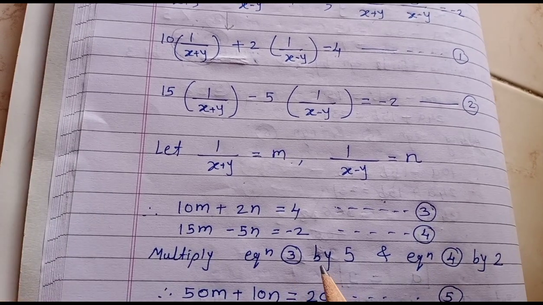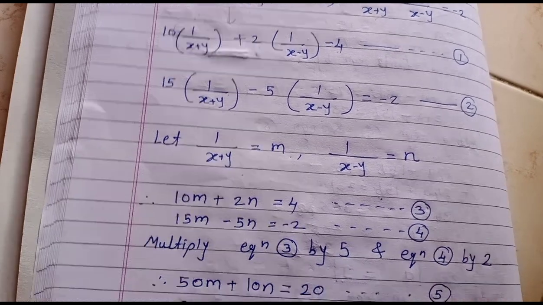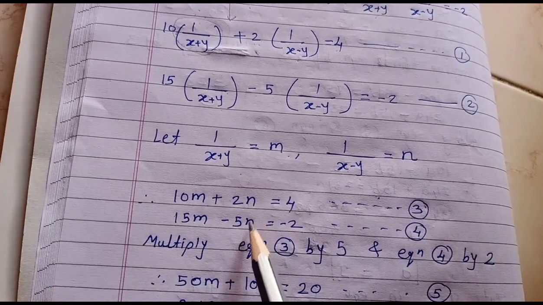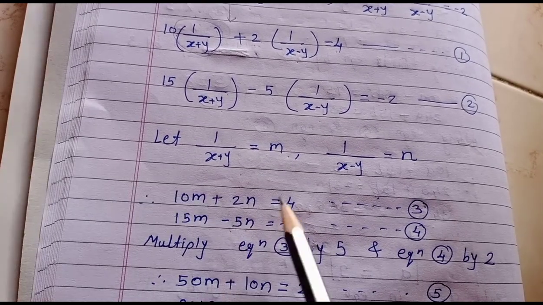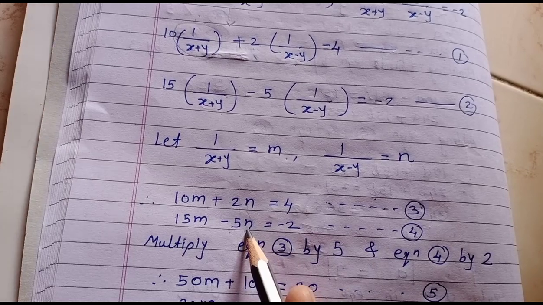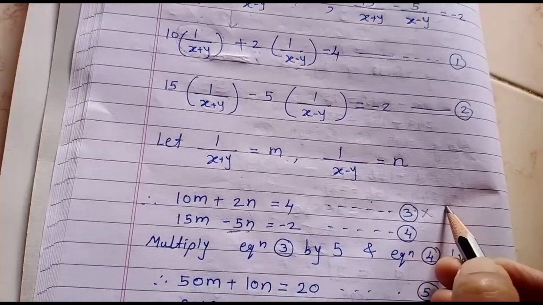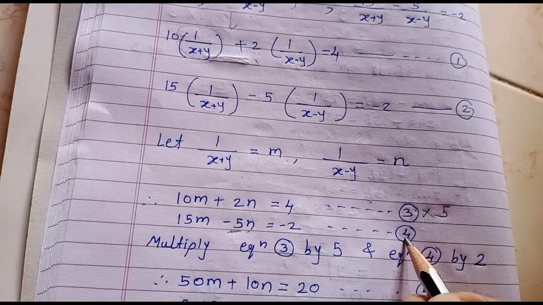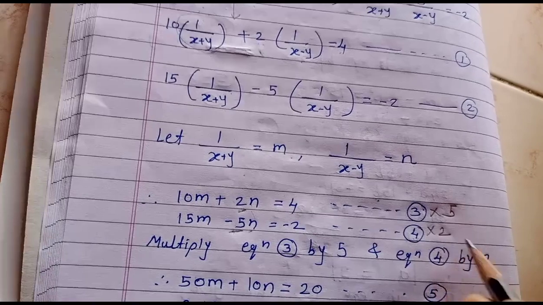Multiply equation 3 by 5 and equation 4 by 2. See here, n's coefficient we want to make the same because they have different signs. In the fourth equation, the coefficient of n is 5. So multiply the third equation by 5 and the fourth equation by 2.